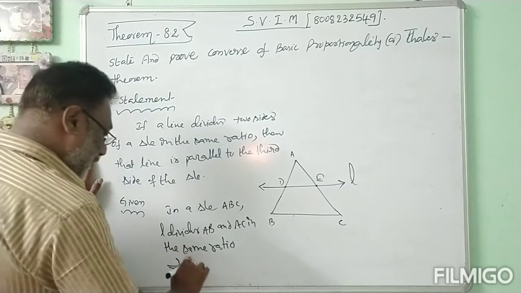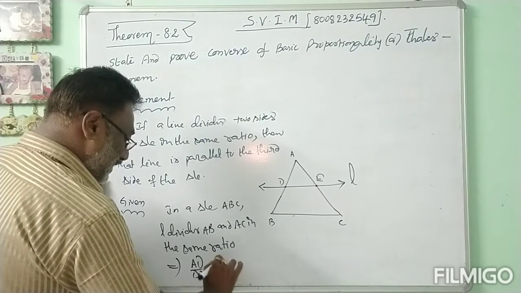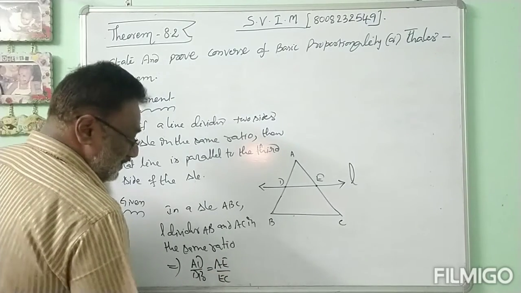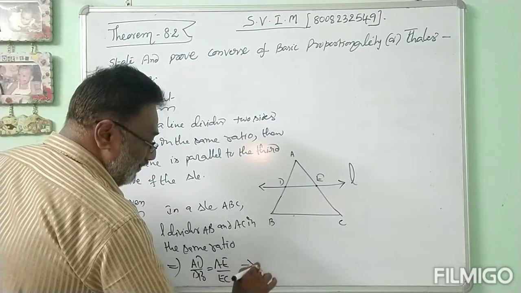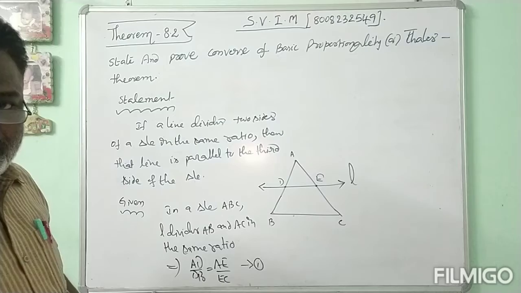That means AD by DB is equal to AE by EC. So this part has been given in the problem in this theorem. So this one I am taking as equation 1.